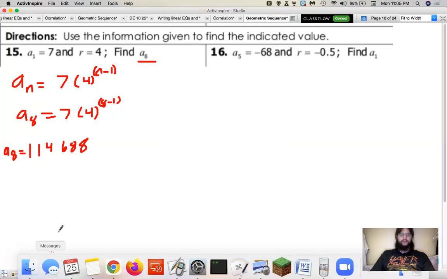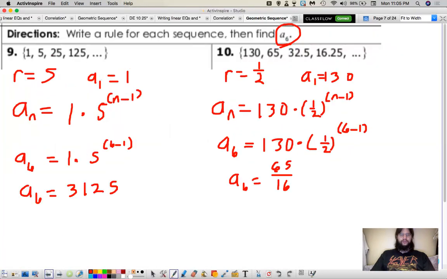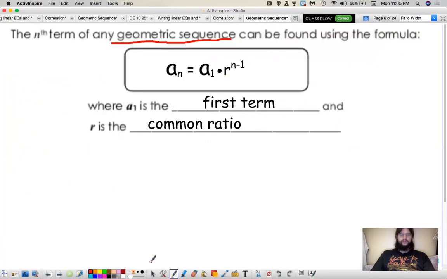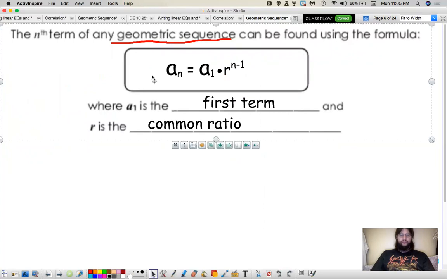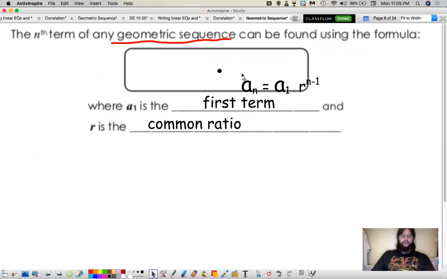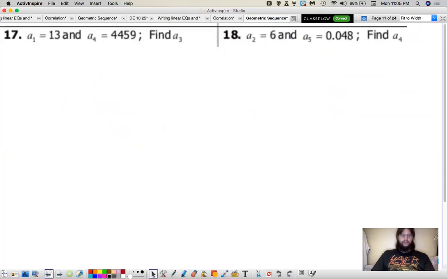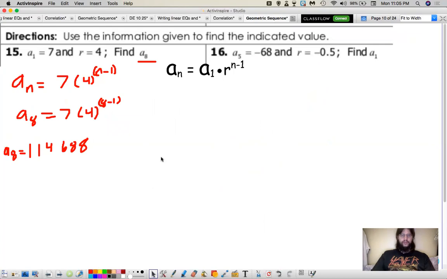We know A5, and we're looking for A1. So let's just plug in the info we got.